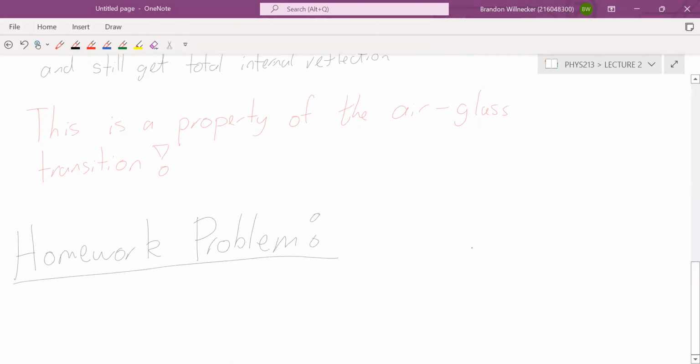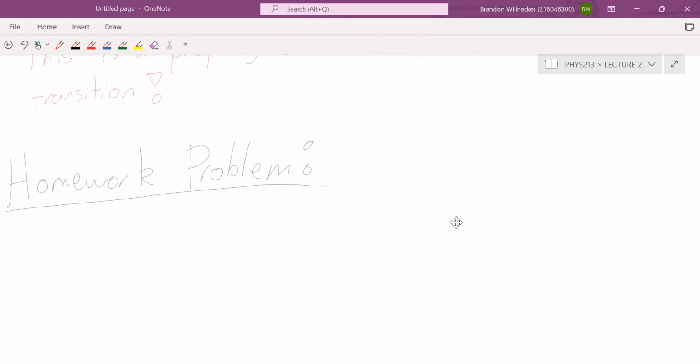Okay, and I encourage you to do these homework problems because these homework problems tend to turn into test questions. Okay, so just keep that in mind. So homework problem. For which ratios of N1 over N2.